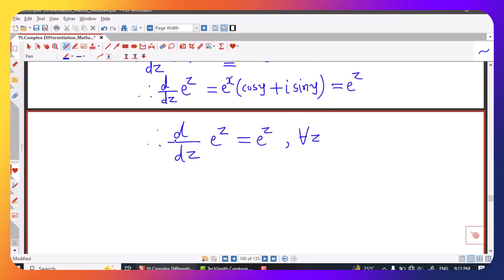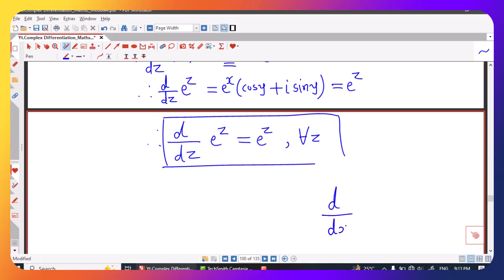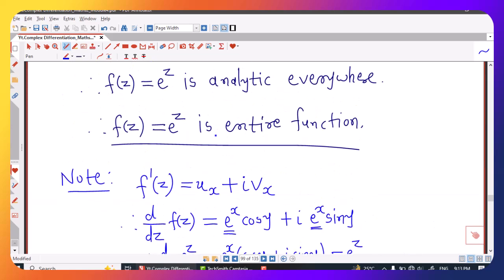So this property is similar to the property of real exponential function. We know that if we have real exponential function e raised to x, then it is differentiable everywhere and its derivative is function itself. So same property is true for complex exponential function also.